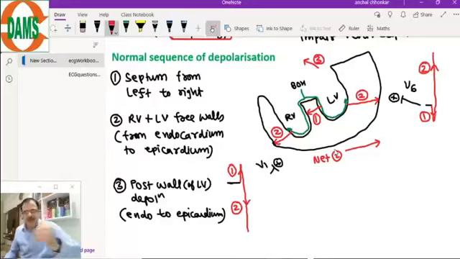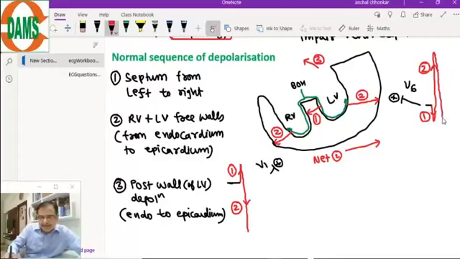Now coming to the number 3rd event, how it will get manifested in V6. You can very well see the number 3rd event. Look at the arrow: endo to epicardium of the posterior wall. It is going away from V6, so there will be a negative deflection below the baseline.